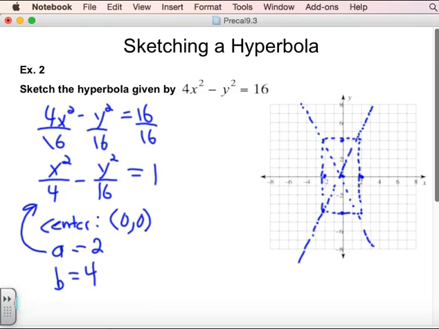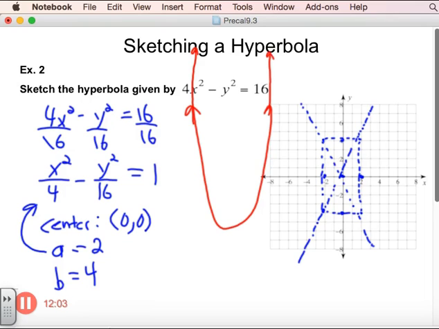It's important to understand that a hyperbola is not like a parabola. You know how a parabola will go down and then come up, and those curves keep getting closer and closer together, getting more and more vertical as they come up? With a hyperbola, it's not like that.